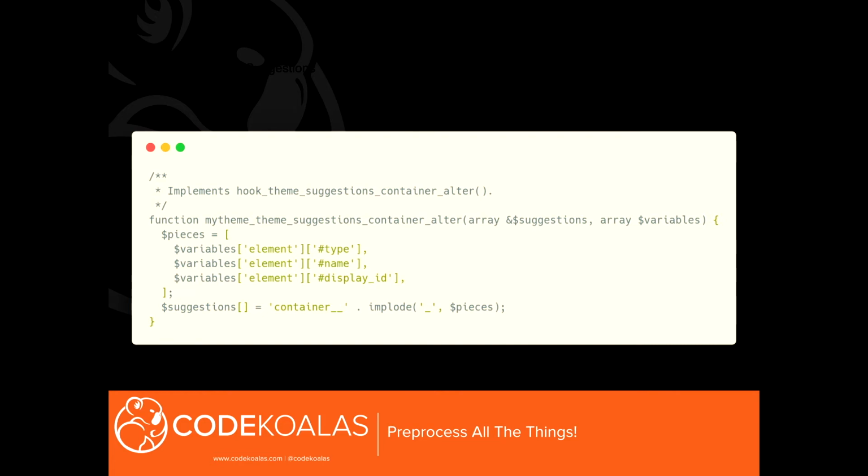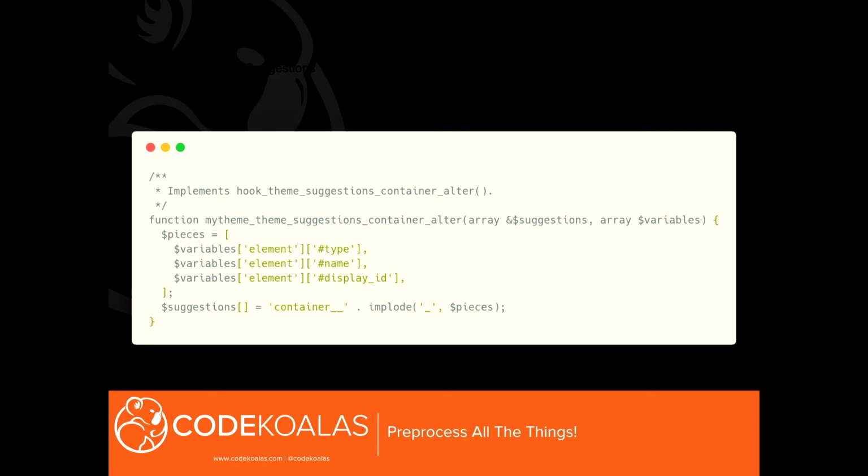So inside this, a lot of times people will create a pieces array, and what that does, they'll have variables: element type, so that would be like node, entity, content type. And then you have your name, so the actual name of the item or piece of content, and then the display ID, so that could be full, teaser. And your suggestions array here is what gets presented on the page.